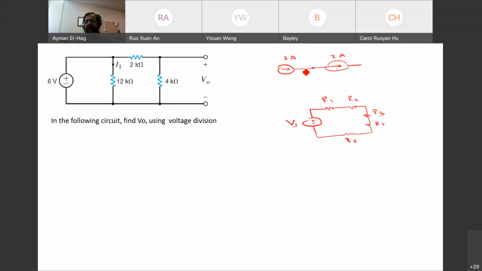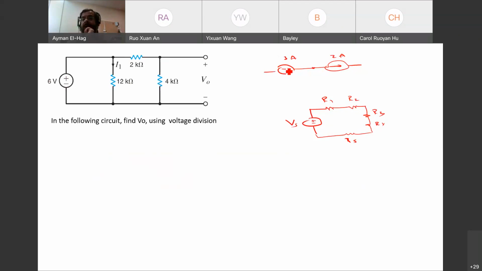Apply KCL here. It says 3 equal to 2. Doesn't make sense. So if you have two current sources in series, you will damage the small rating one. You will force it to become. So we never connect current sources in series unless they are in the same value.